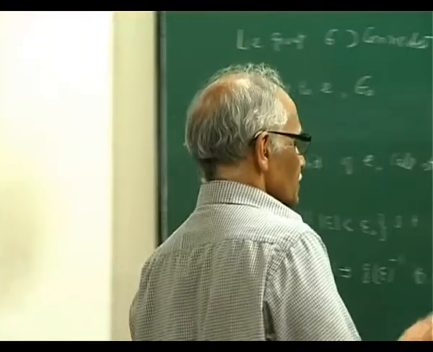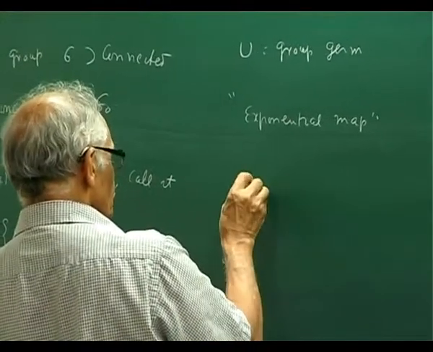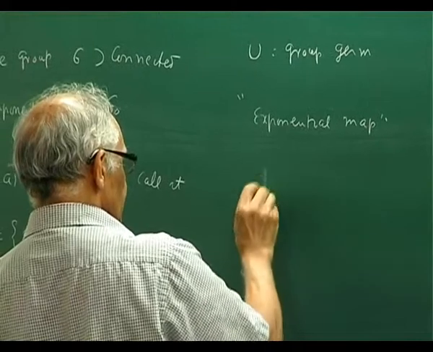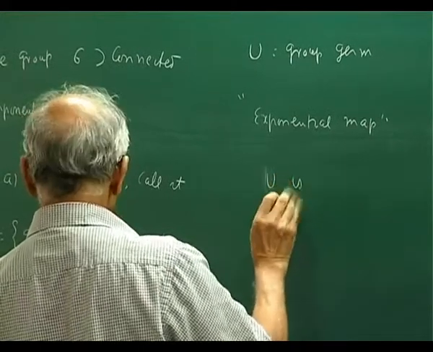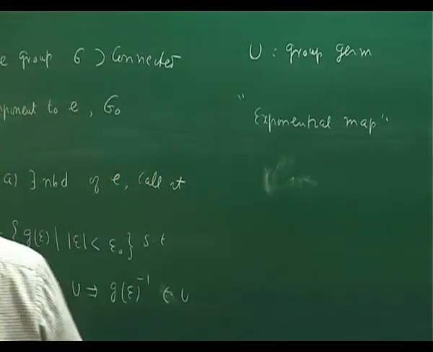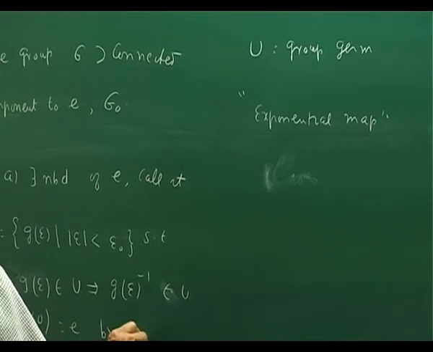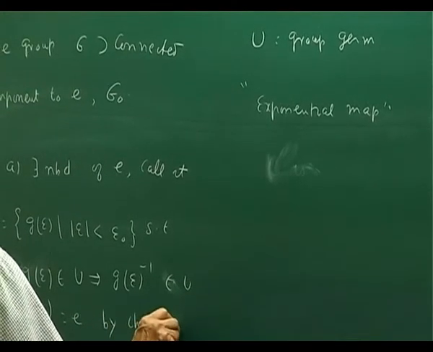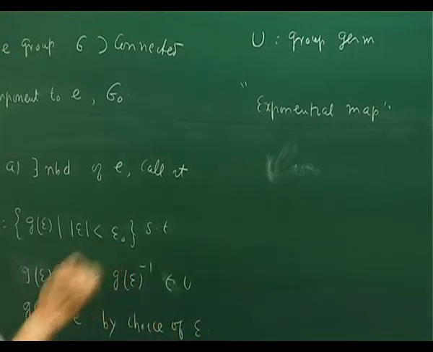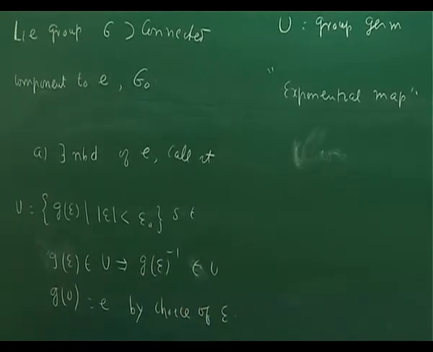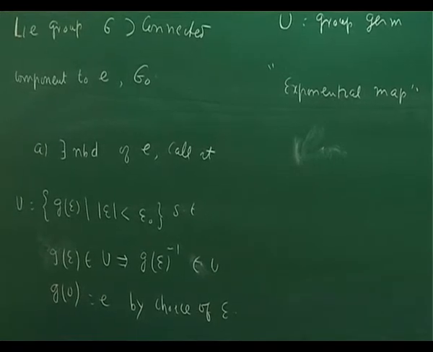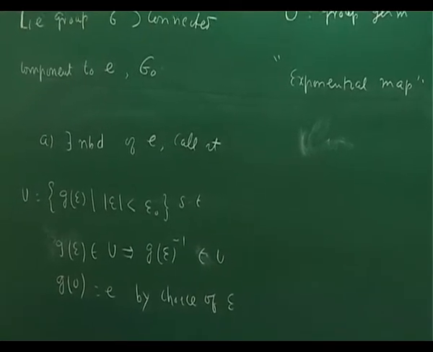Then notice that I said last time U, well, here I have chosen, by choice of epsilon, the coordinate is chosen, so the origin is parameterized by the 0 conventionally. Okay.